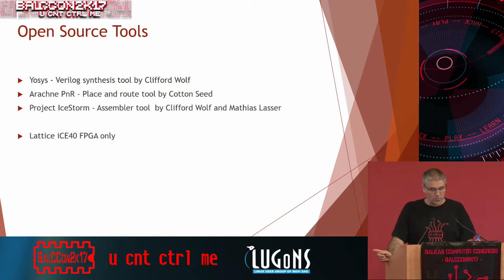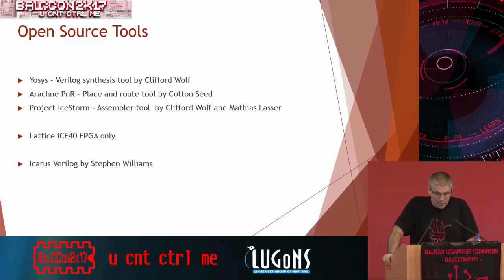What we also support right now is that Yosys can generate code that is ready to be used by the commercial place and route tools. So you can use this in combination with Xilinx tools, but you can't skip all the steps.